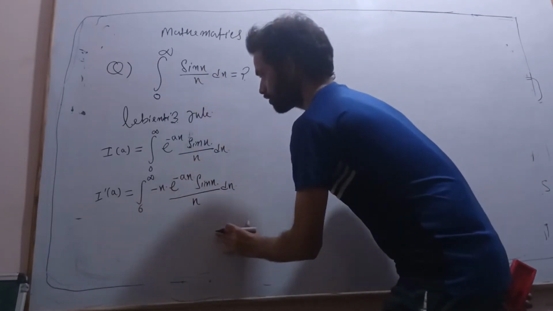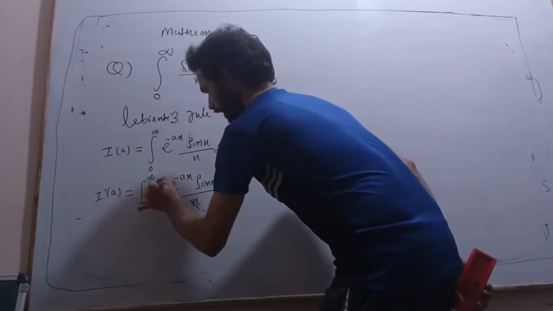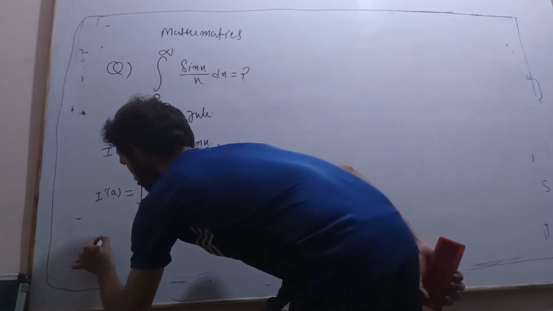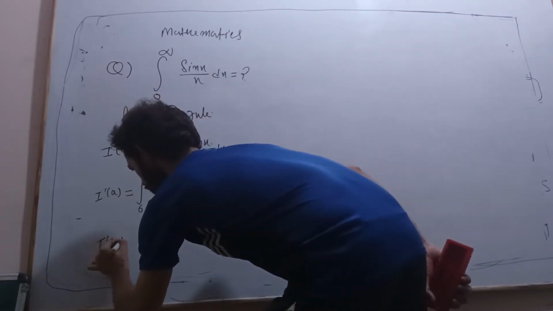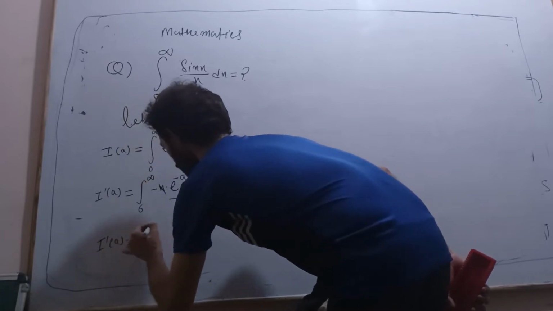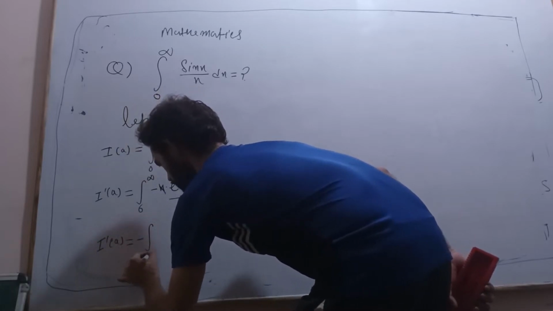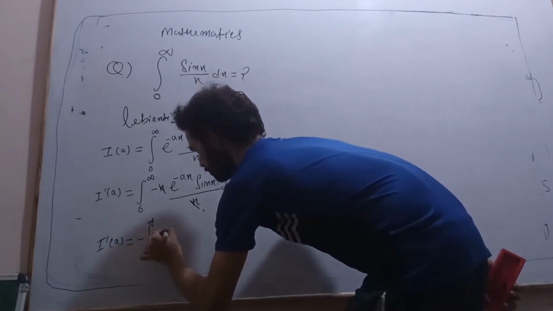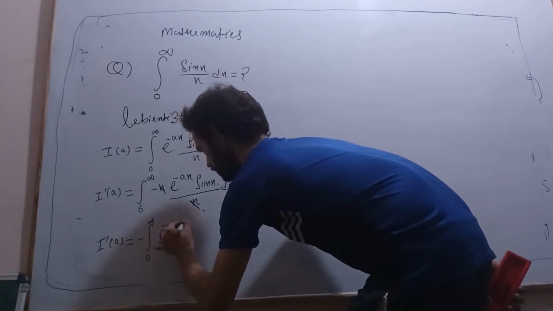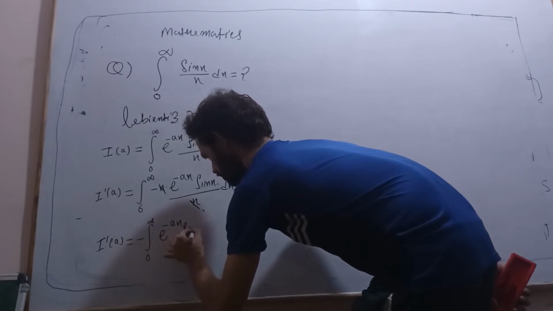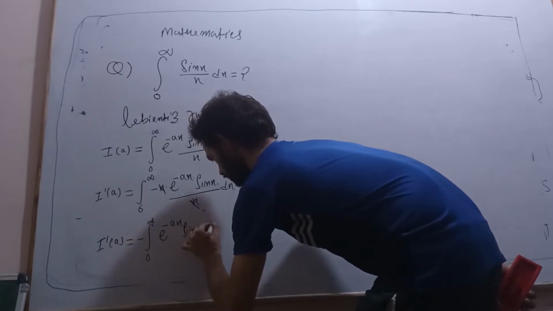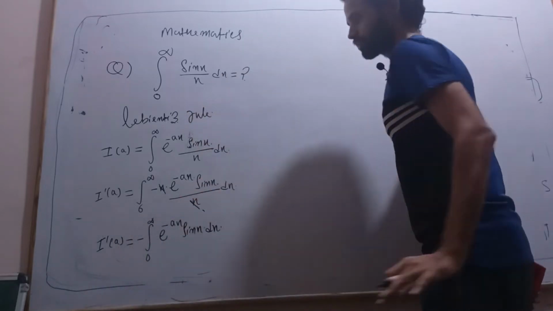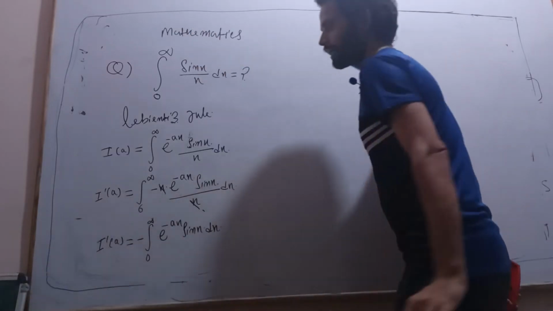Now this x will get cancelled and we are left with I dash of a is equal to minus integration from 0 to infinity of e to the power minus ax sin x dx.